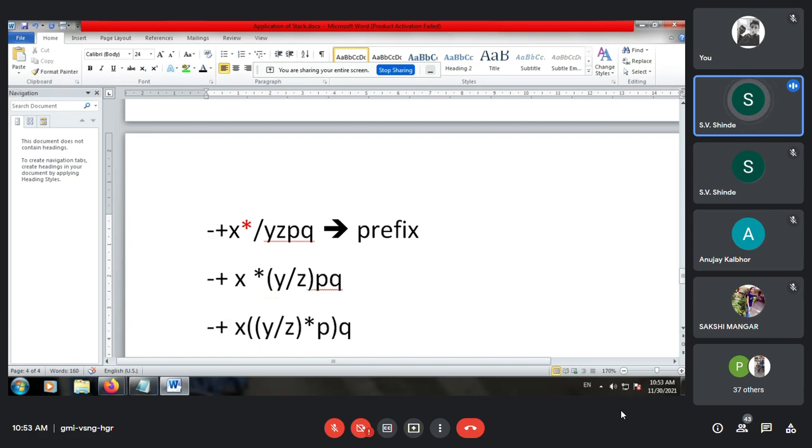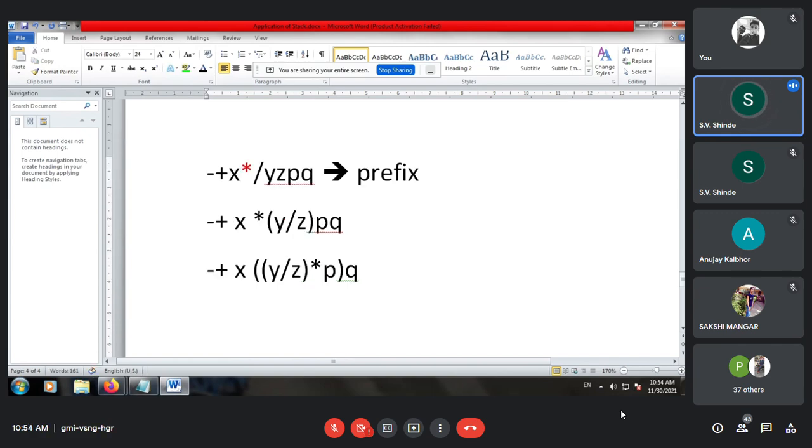So now we have evaluated these two operations, and now what is remaining is x. So x is to be added with the second element, which is nothing but this total bracket. So we'll put it out over here.